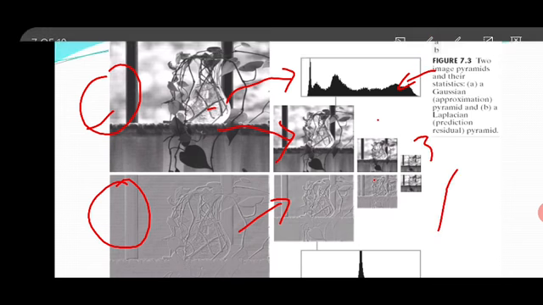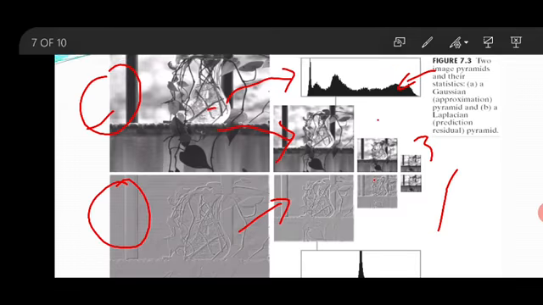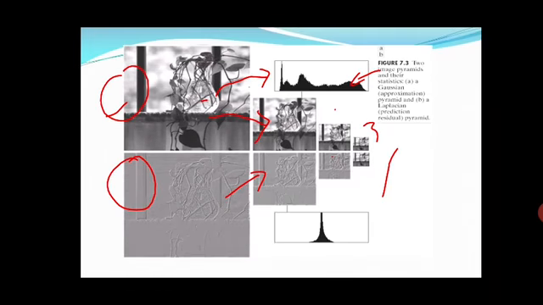At each step we need to construct the histogram. The histogram indicates the number of pixels having corresponding colors. That is how the resolution gets decreased, and it is indicated by the histogram.